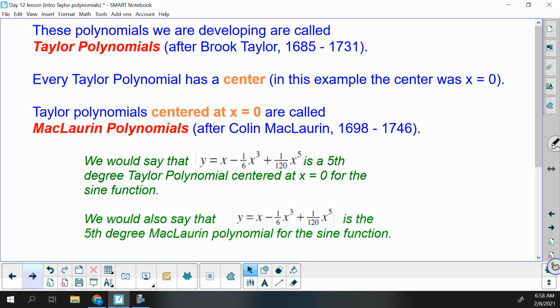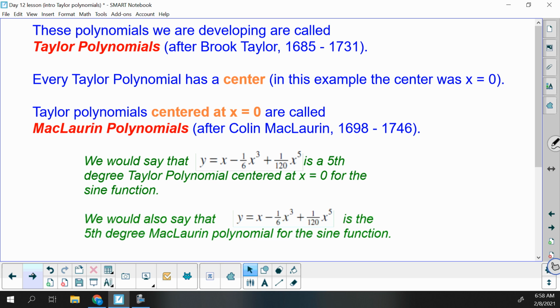On the AP, it will use the terminology, say, find a Maclaurin polynomial, and that is conveying to you that we know the center must be at 0. So that's a key fact that we want to know. If we're working with a Maclaurin polynomial, we know our center is at x equals 0. So it's just some terminology.